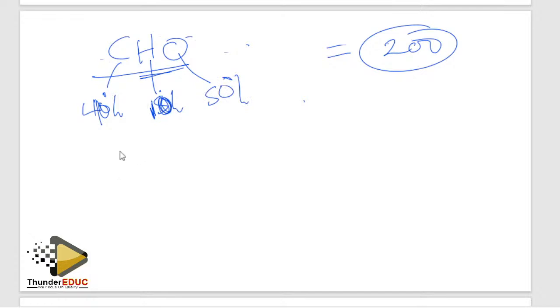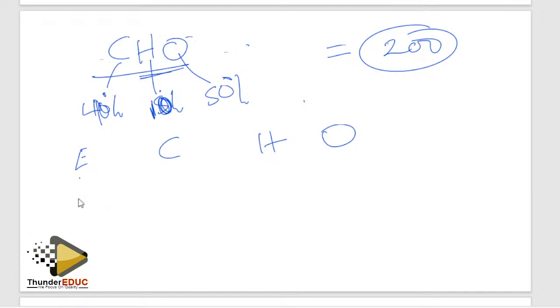You start with the elements: carbon, hydrogen, and oxygen. Then the atomic mass for each. You look into the periodic table. Carbon is 12, hydrogen is 1, and oxygen is 16.